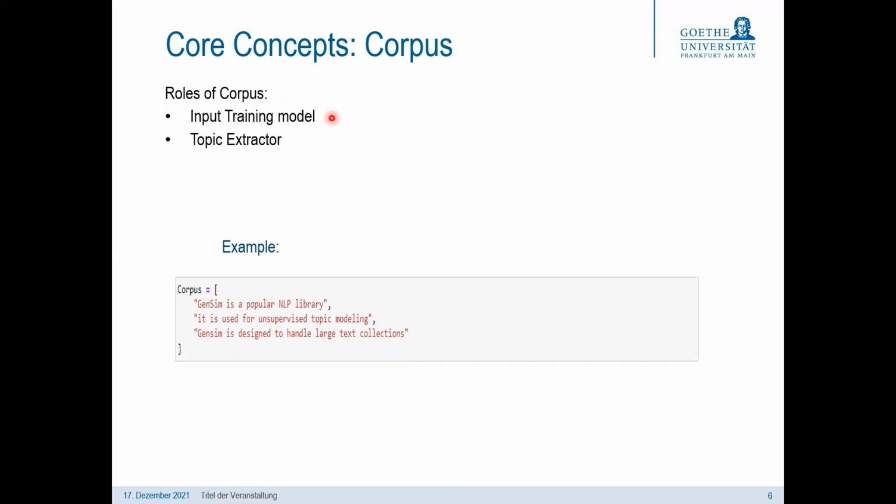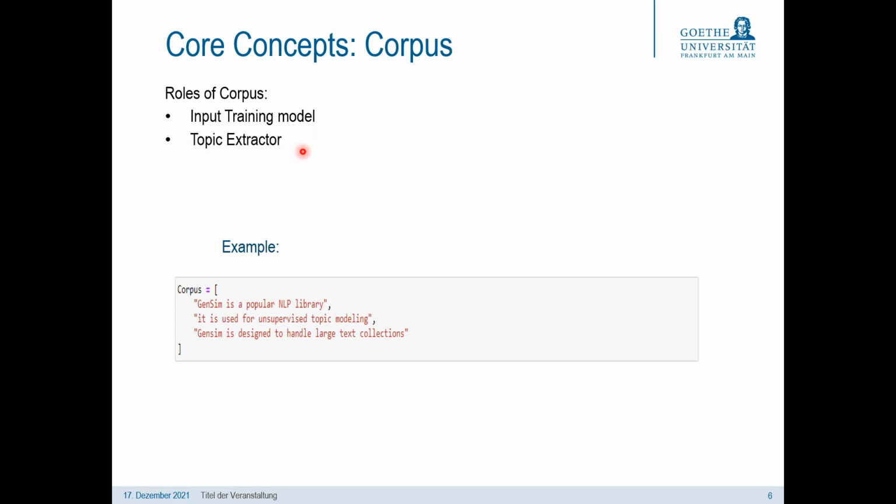In order to initialize the model's internal parameters during training, the model looks for some common themes and topics from the training corpus. Gensim focuses on unsupervised models, and therefore it doesn't require any kind of human intervention, just a corpus. The other role is topic extractor.